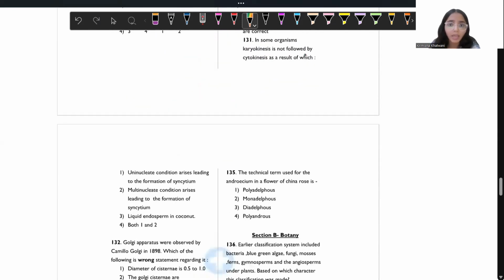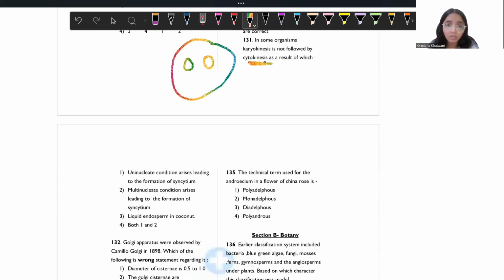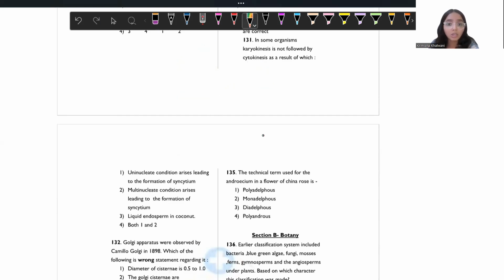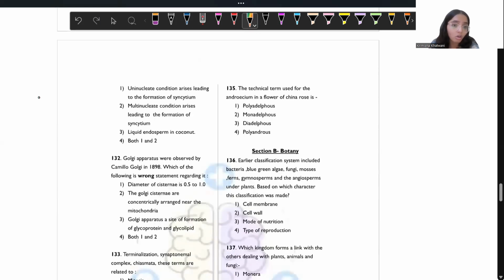In some organisms, karyokinesis is not followed by cytokinesis, as a result of which what happens? Your nucleus divided, so we have two nuclei, but cytokinesis, the division of cytoplasm, is not occurring. So there will be one cytoplasm and two nuclei. This is a multinucleate condition, which is also known as syncytial. So the answer to this question is option number 2.